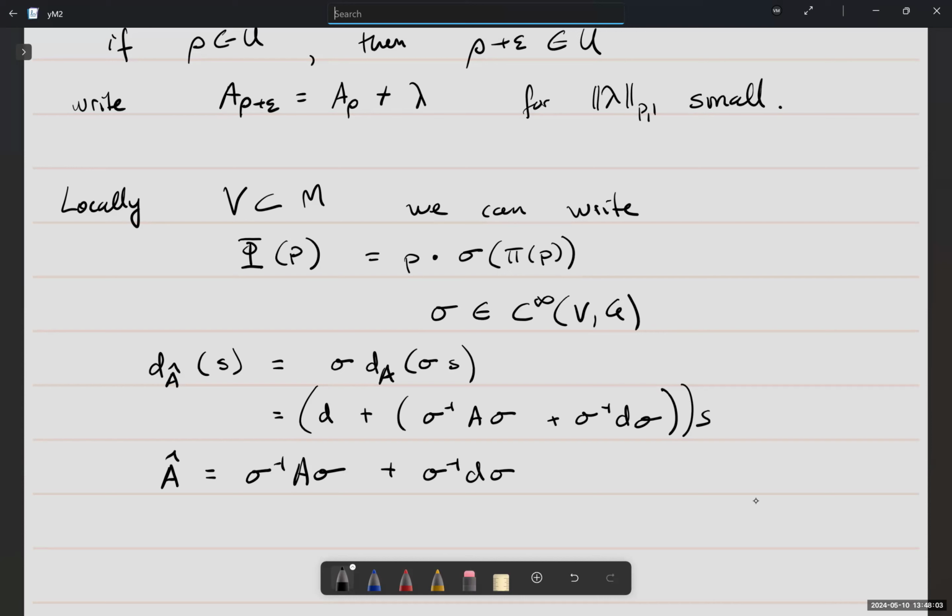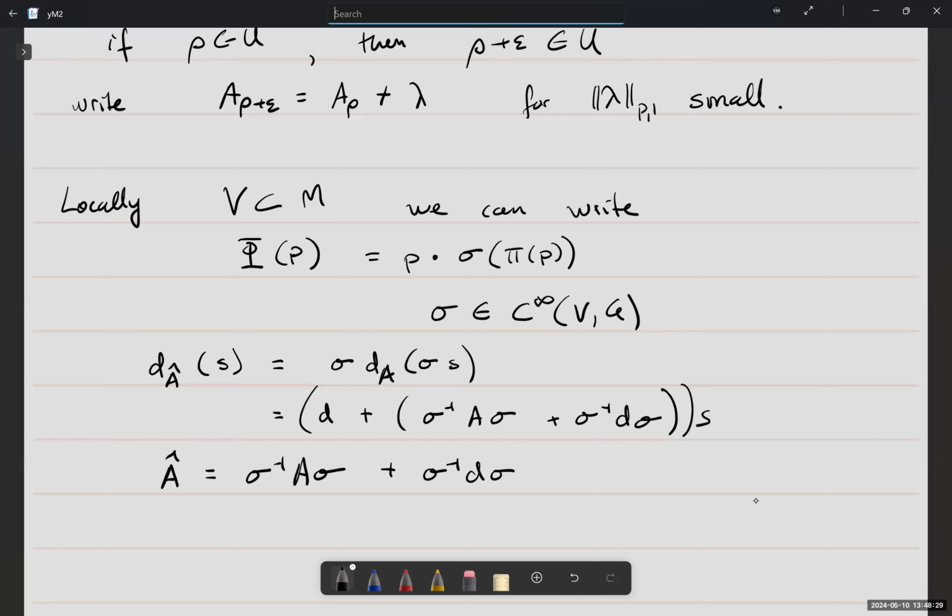It's kind of this notation for me, especially when I have a principal bundle, I'll tell you why it works. If you put X into that potential one form sigma inverse d sigma, then sigma is a map from the manifold to the Lie group.